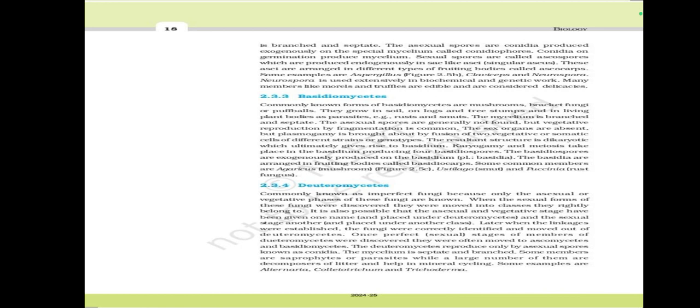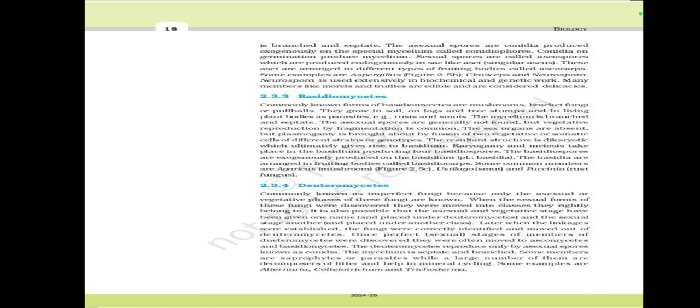Basidiomycetes. Commonly known forms of basidiomycetes are mushrooms, bracket fungi, and puffballs. They grow in soil, on logs and tree stumps, and in living plant bodies as parasites, for example rusts and smuts.